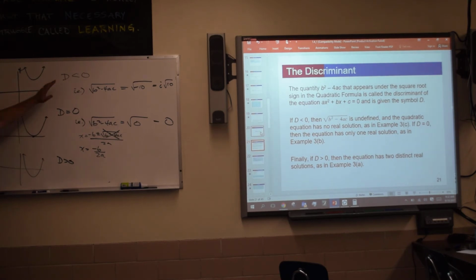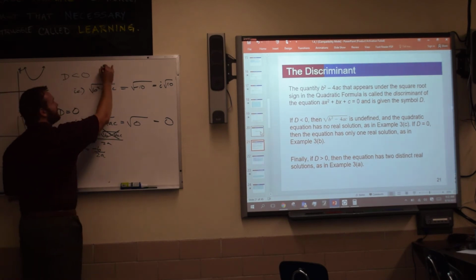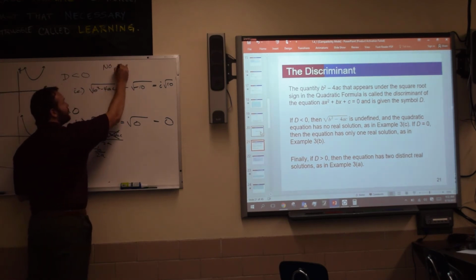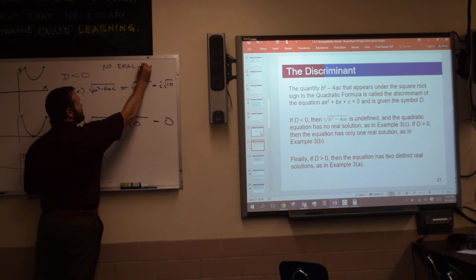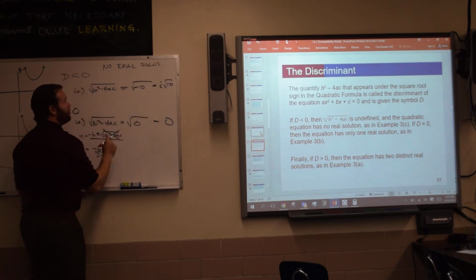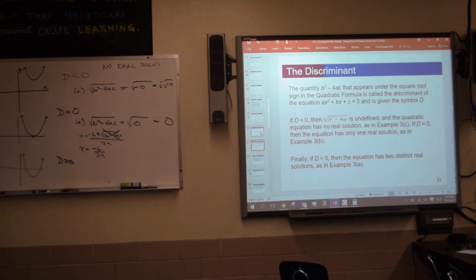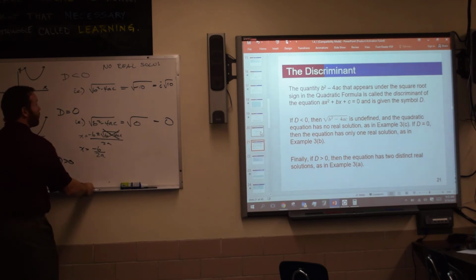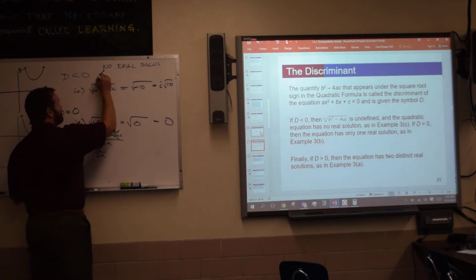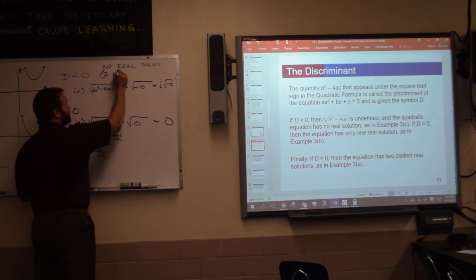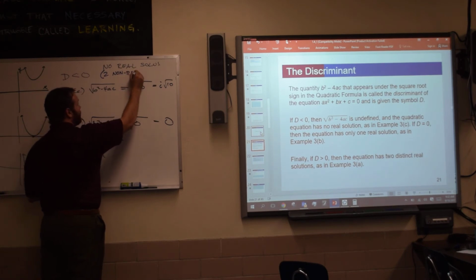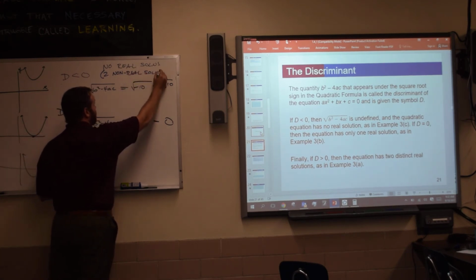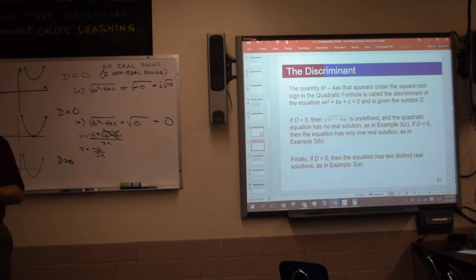Okay? So going back through here, D is less than 0. What that tells me is that there are no real solutions. Now, if there are no real solutions, it does tell me something about those non-real solutions that are going to incorporate i.